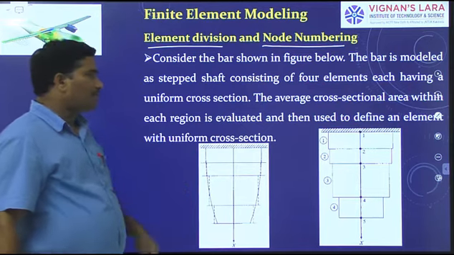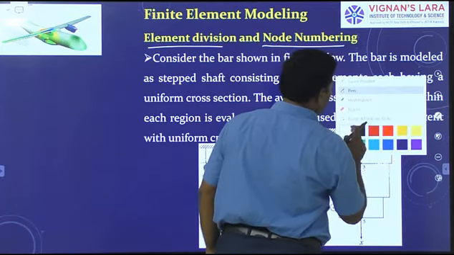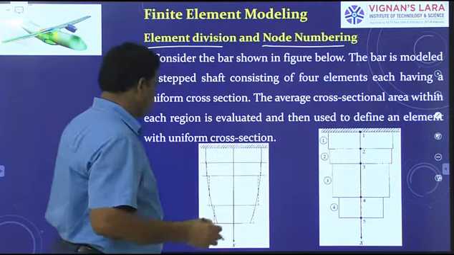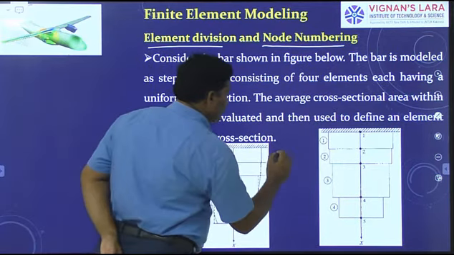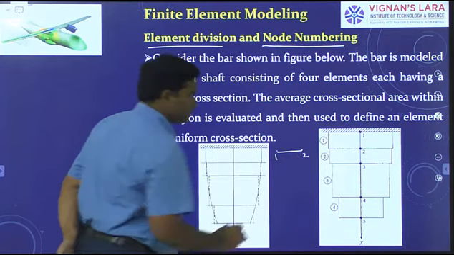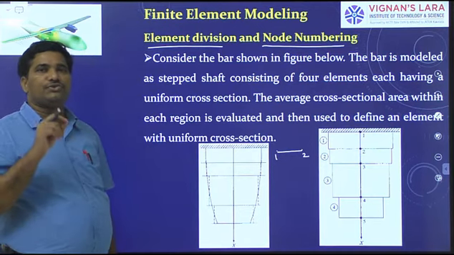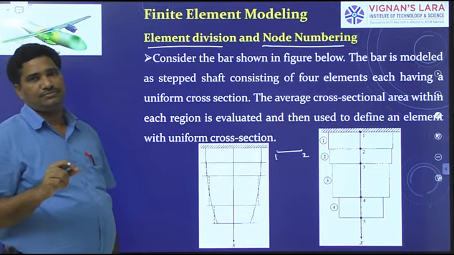For one-dimensional problems, we know that the element connects two nodes. Therefore, if you take a two-noded element, it appears like this. It is a two-noded bar element with uniform cross-section.